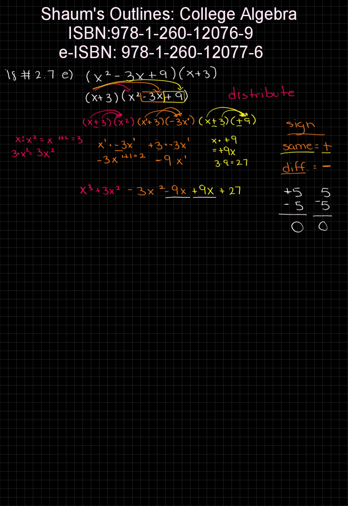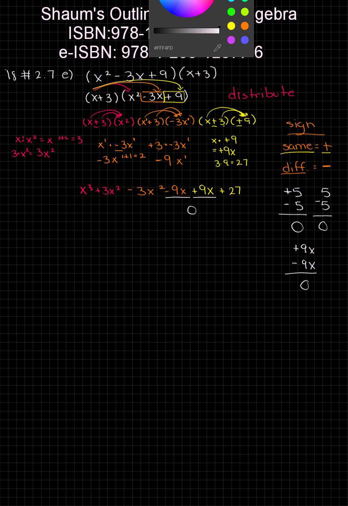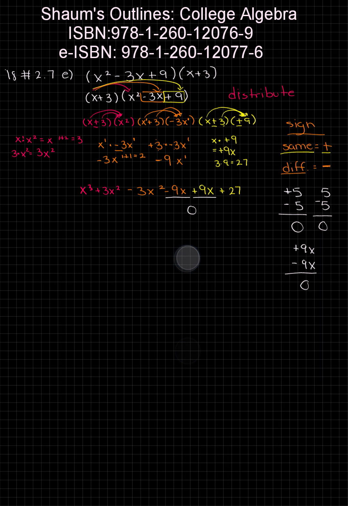So this is the same thing, plus 9x minus 9x gives me 0. So I get 0 here. And then I get plus 3x squared minus 3x squared, 0.